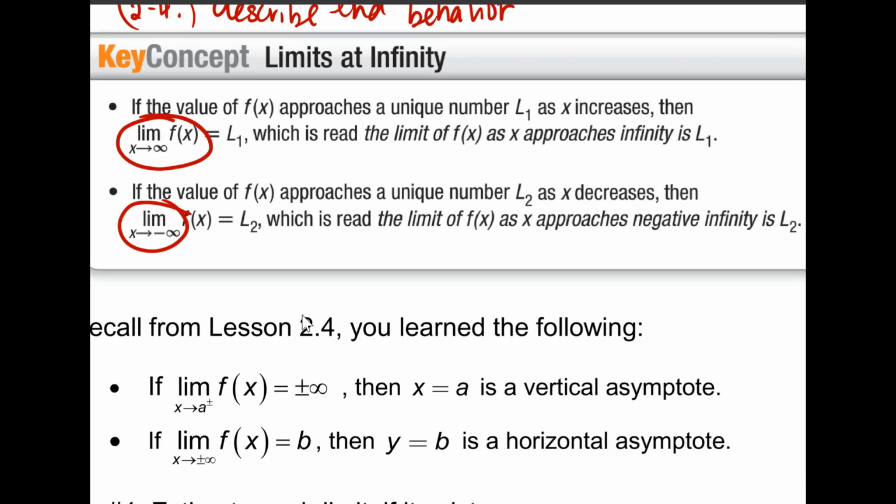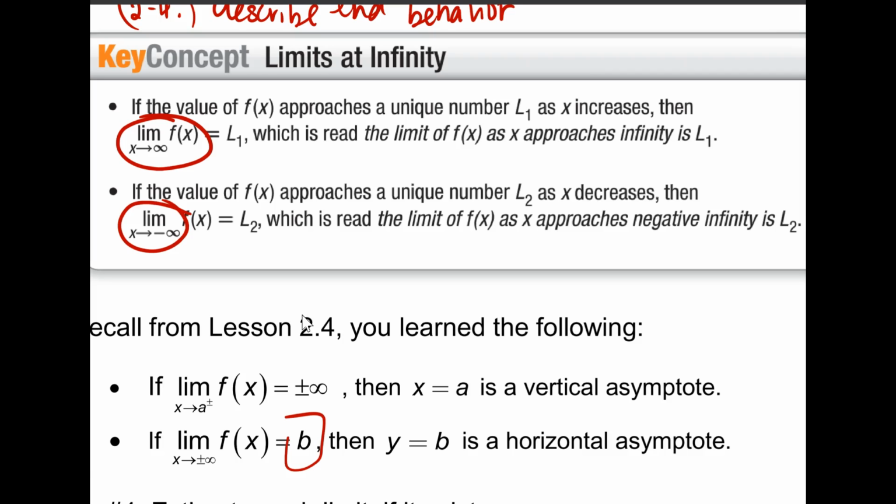So recall from lesson 2.4, you learned the following. If the limit as you approach from the left side and as you approach from the right side is positive or negative infinity, then you have a vertical asymptote there. If you are approaching a single number, as x approaches infinity, are you approaching like 2, an actual number? That's what this B means, it's a number, not infinity, just a constant number.